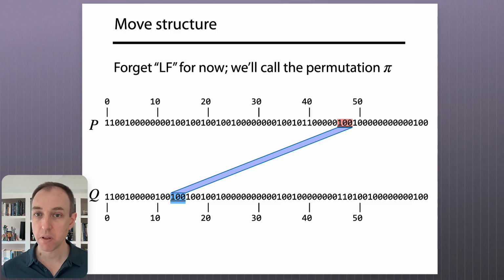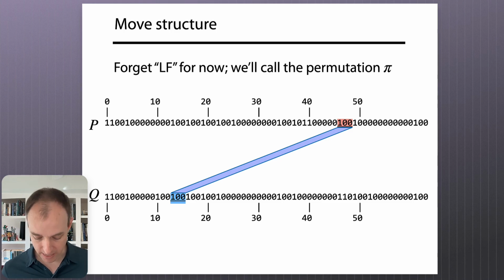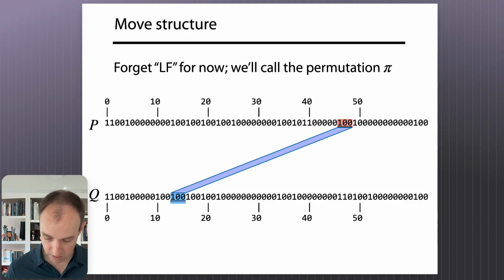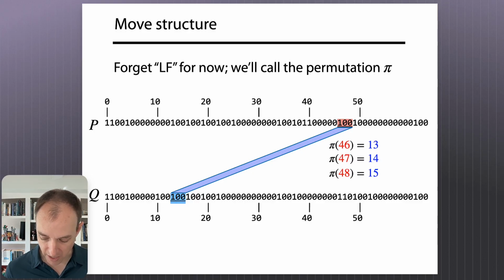And so, for example, here I am drawing one parallelogram that's connecting a run here with its image here. You can see this run begins at offset 46, and it connects to this beginning at 13. So we would say pi of 46 equals 13. Right?